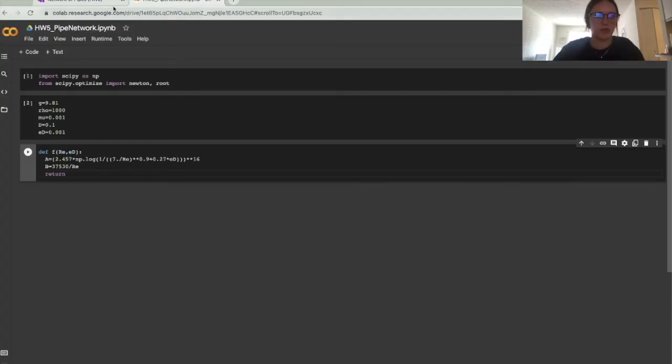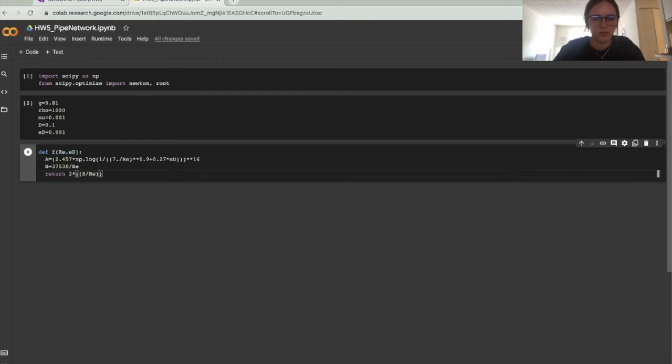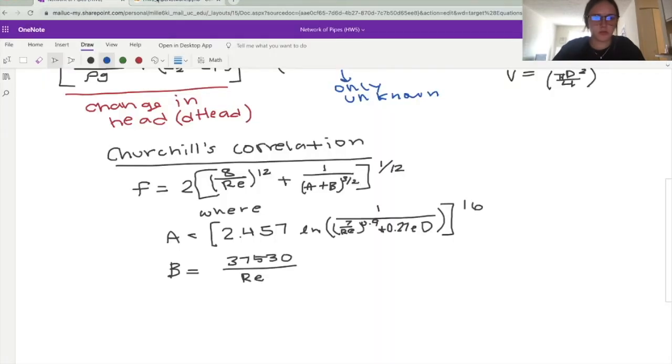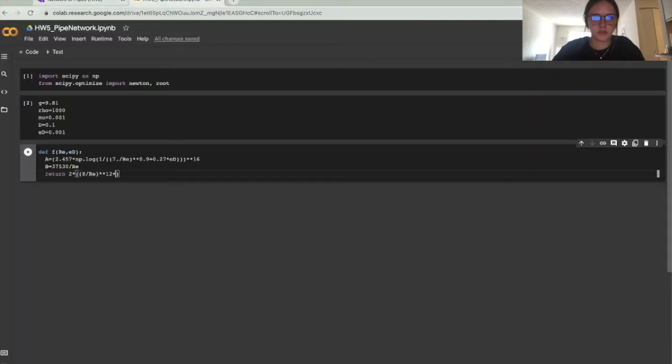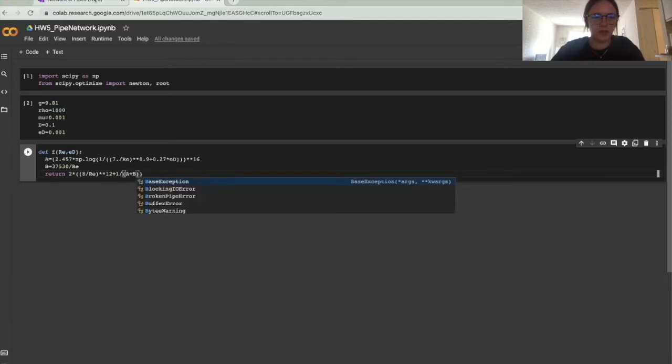So we are going to have 2 times (8 divided by the Reynolds number) to the 12th, plus 1 divided by (A plus B) to the 1.5, and this whole thing is to the 1/12.